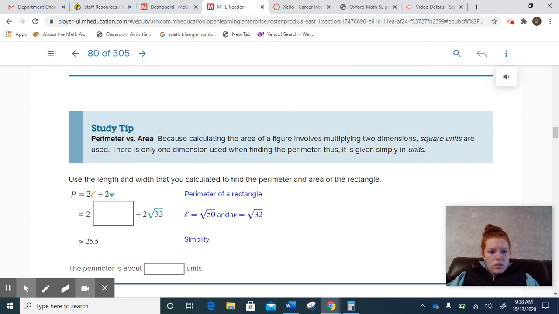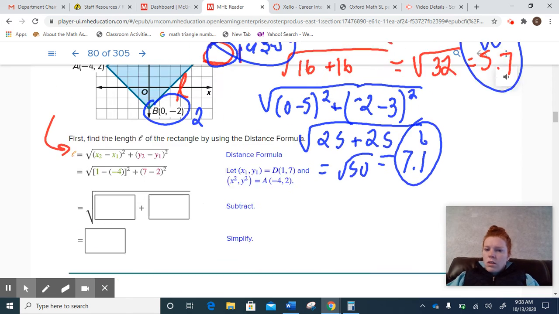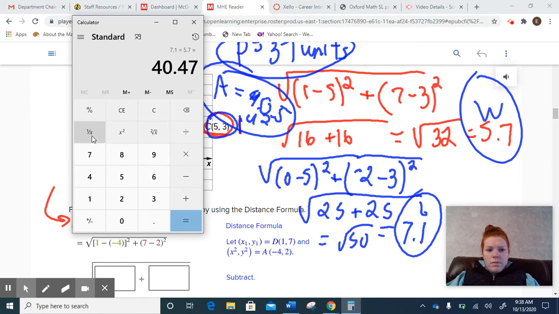Square root of 50, square root of 32. Those were the 2 that I got, I think, right? I'm going to double check those with my calculator. Might have had a calculator error on here.